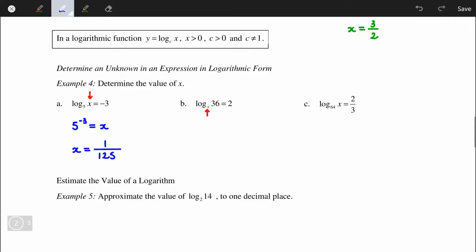Next, again rewriting in exponential form gives us x squared is equal to 36. So x could have been either 6 or negative 6. However, we need to reject negative 6 because x is a base and it needs to be greater than 0.